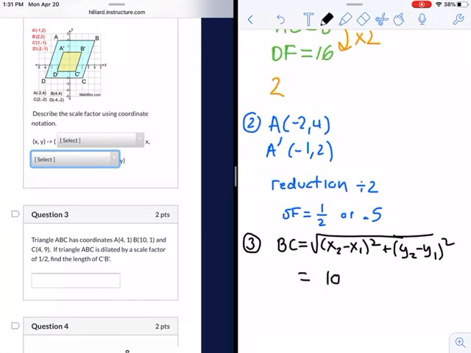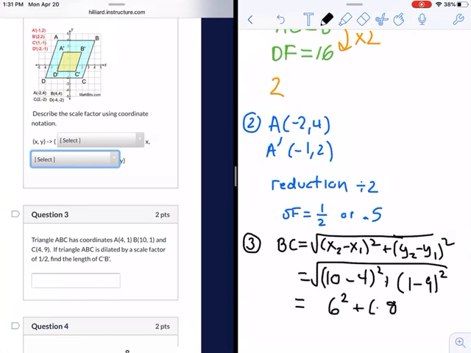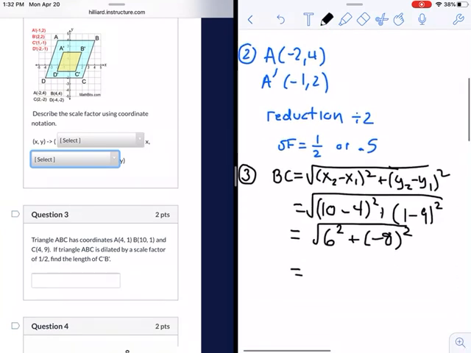So I plug in 10 minus 4 squared plus 1 minus 9 squared. And this unfortunately might be one of the last times we do the distance formula this school year. Bittersweet. Alright, so we're going to get 6 squared plus -8 squared, all under the square root. We're going to get 36 plus 64, all under the square root, which is the square root of 100, which is 10. Alright, so the length of BC is 10.